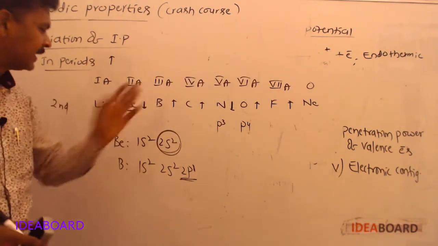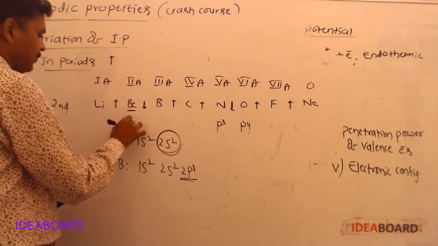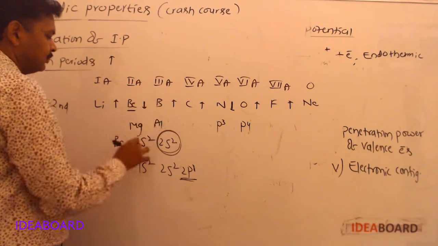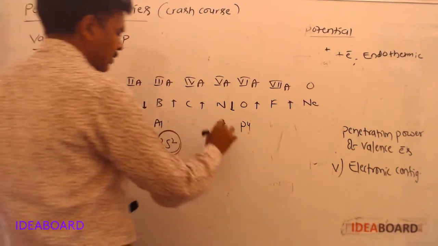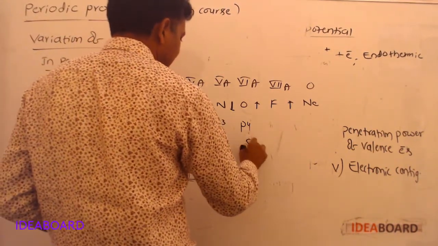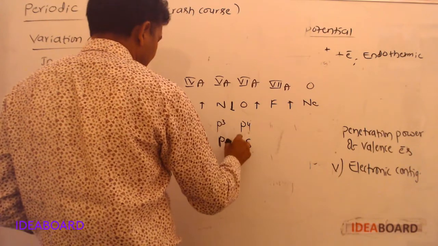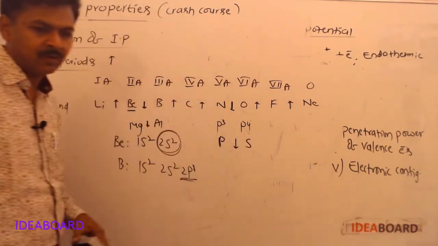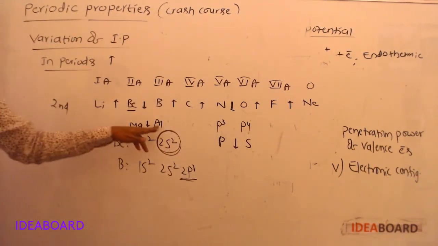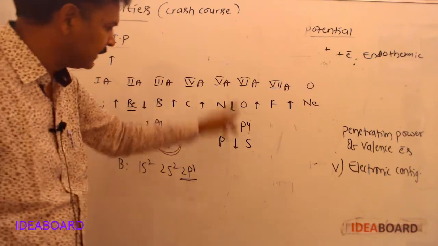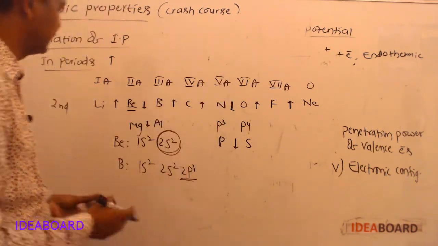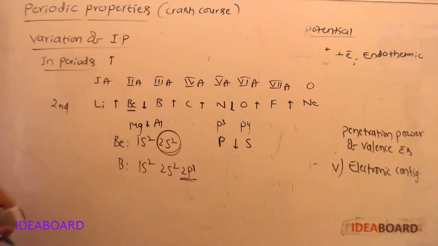In general, left to right increases, but from magnesium to aluminium it decreases, and from phosphorus to sulfur it decreases. The remaining cases increase. So in periods, left to right, IP increases.